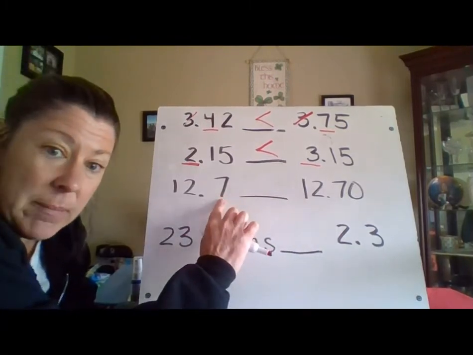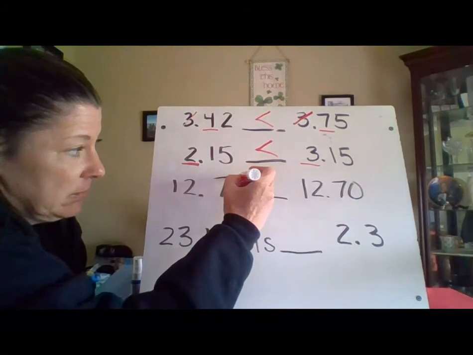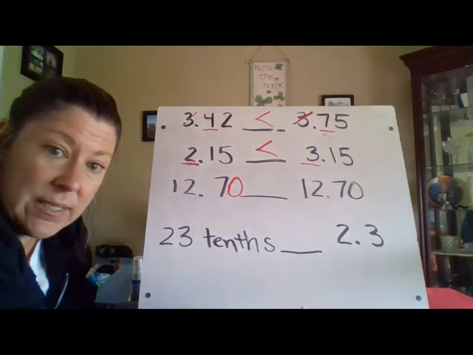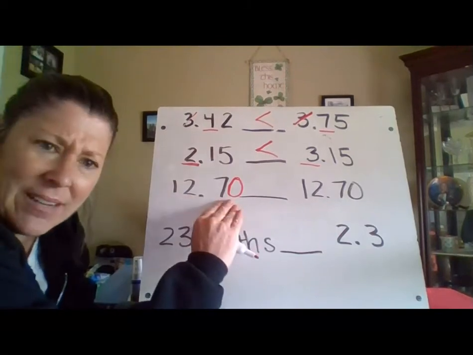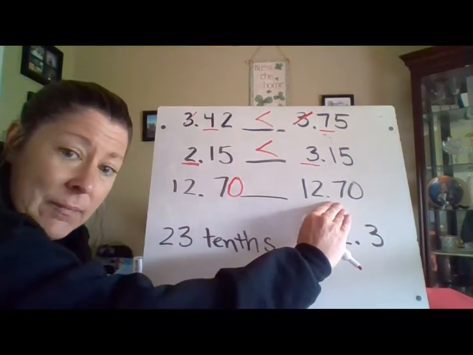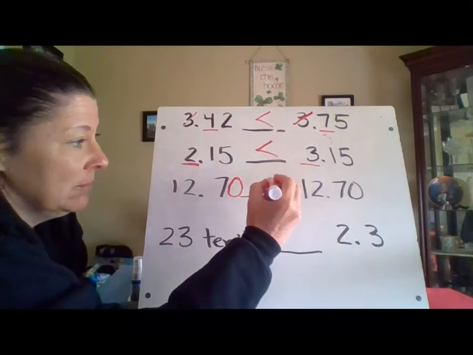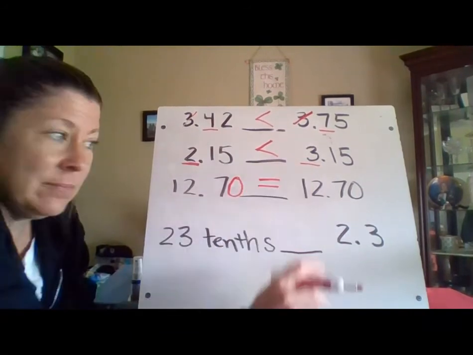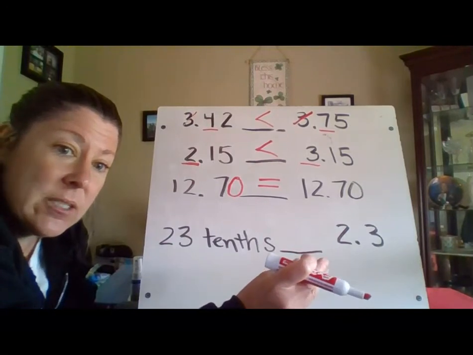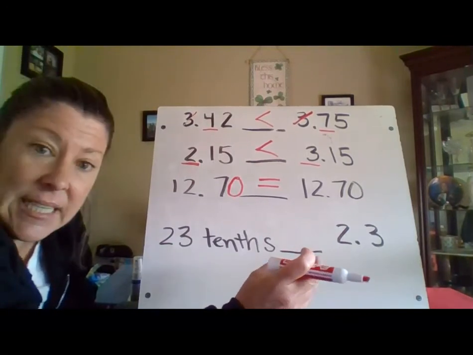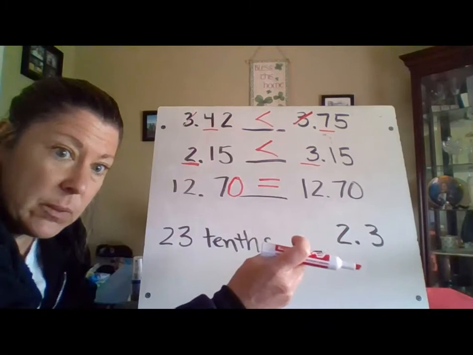So I want to make these tenths hundredths. So now when I look at this, I have 12 and 70/100 and 12 and 70/100. They are equal. So you're going to do letters B, D, and F on your own when we're done here.